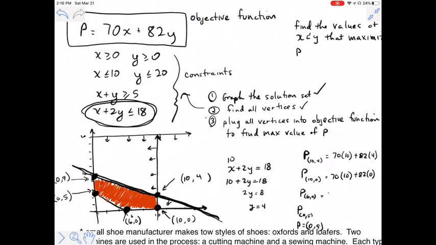For this one, it's 70 times 6 plus 82 times 0. This one is 70 times 0 plus 82 times 5, and this one is 70 times 0 plus 82 times 9.